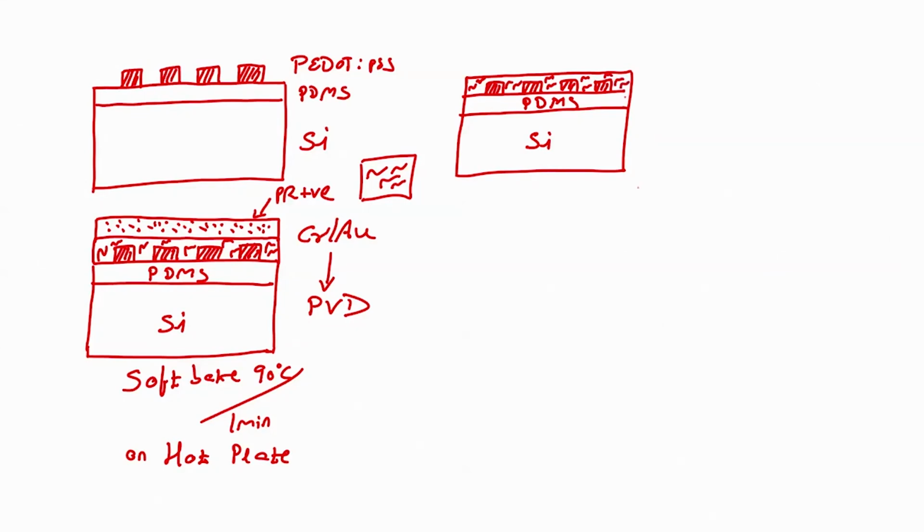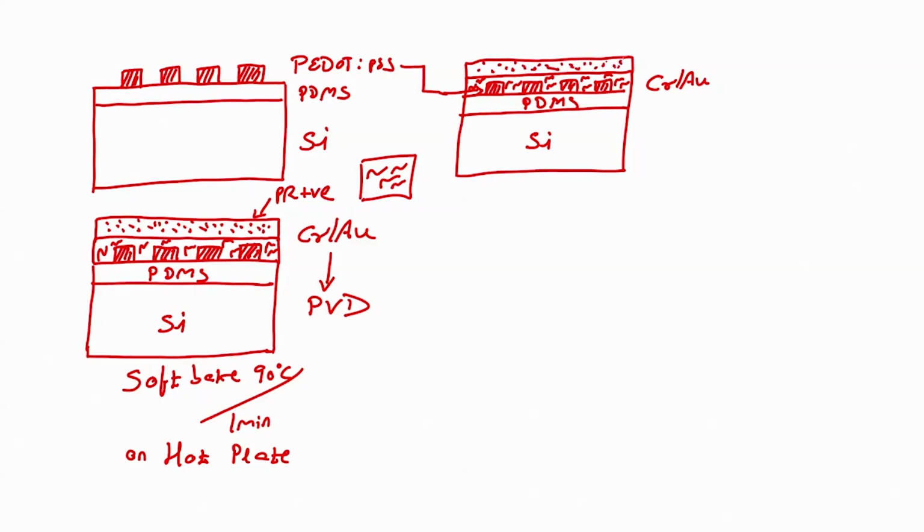Right. What are we doing now? We have chrome gold, we have PDMS, we have PEDOT:PSS, and on that we have positive photoresist.